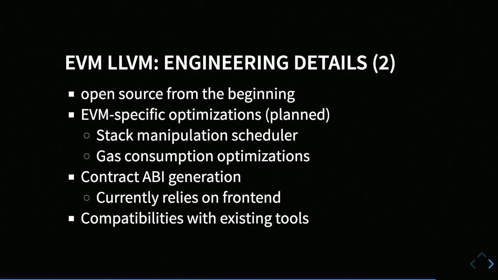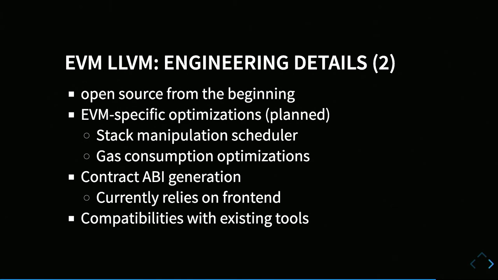Of course, if you want to use another compiler infrastructure, you want to have your smart contract optimized for gas efficiency. We actually reserve some of the slots in the backend so that later on we can add those optimizations.